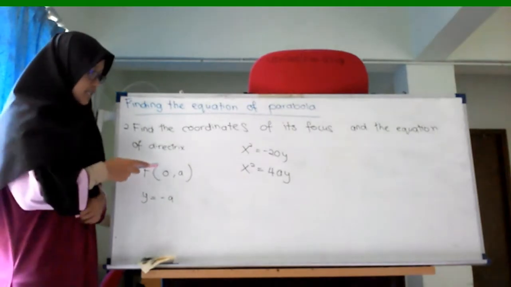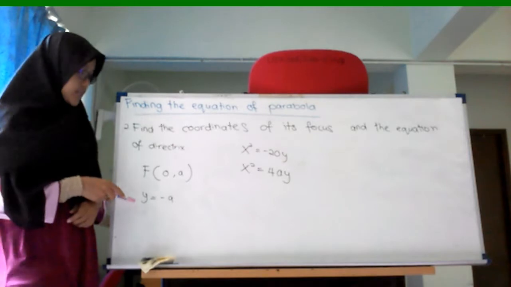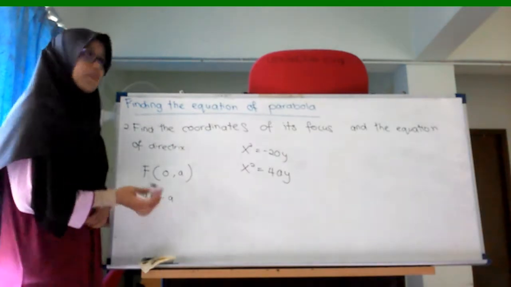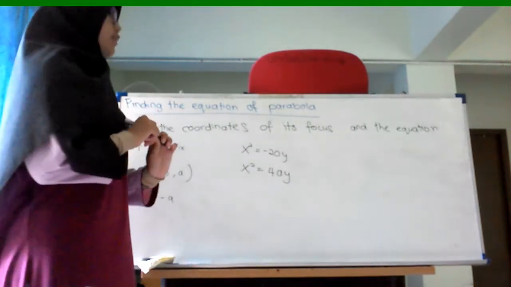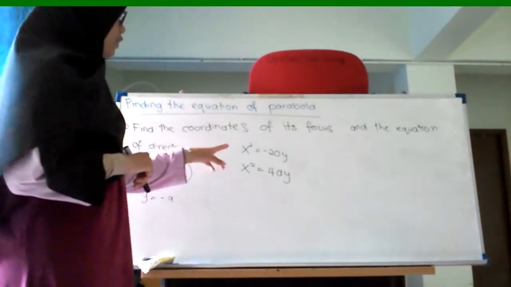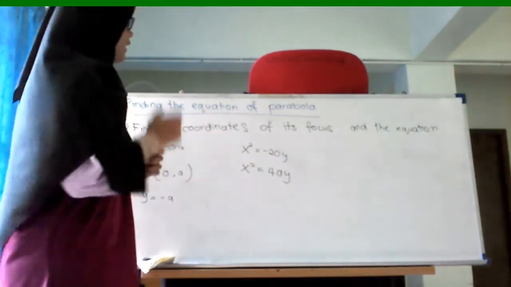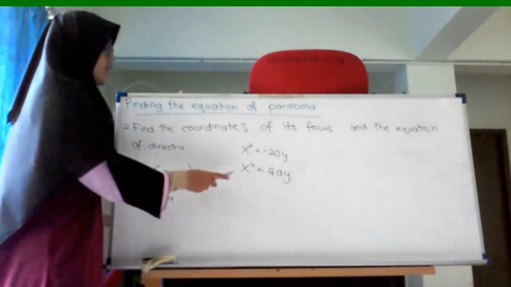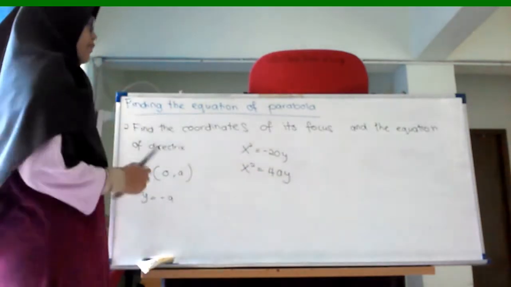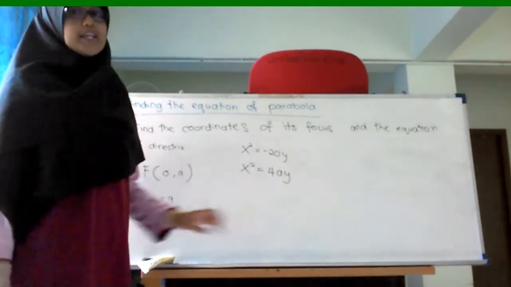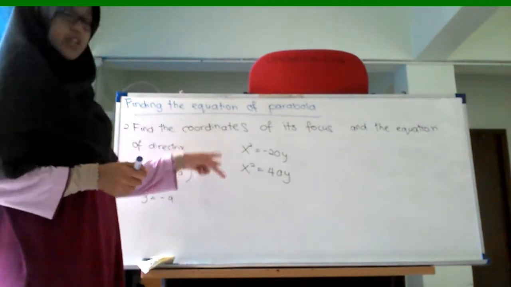From the previous question, we got the equation of the parabola, which is x squared equal to negative 20y, and the standard equation of the parabola is x squared equal to 4ay. Since we need to know what a is, we can compare both equations and we get 4a equal to negative 20, so a is equal to negative 5.